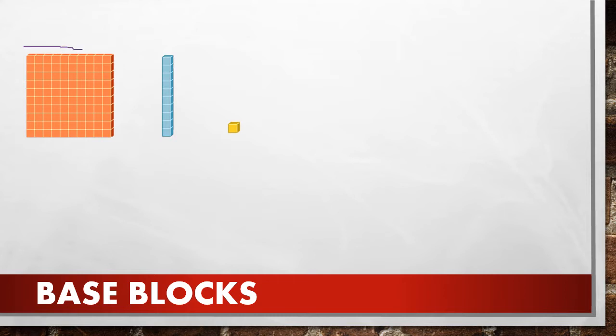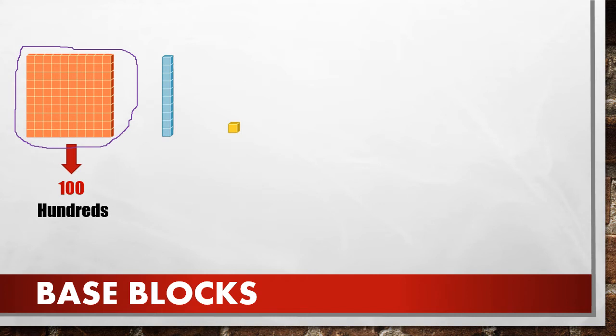This block, the orange block, represent the value of 100. Because if you count one by one, you can find that this block consists of 100 small cubes.